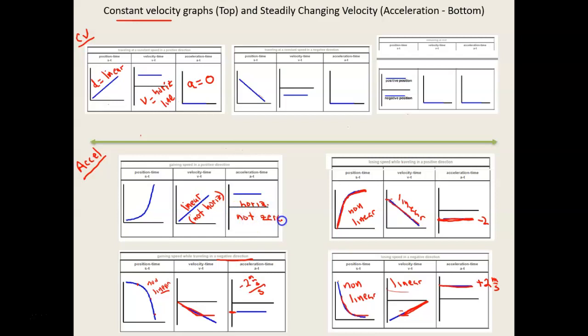If we have a positive or a negative acceleration, it means our speed is changing in a positive way or a negative way. So a horizontal line above or below the x-axis is an indication of acceleration, of linear speed change.